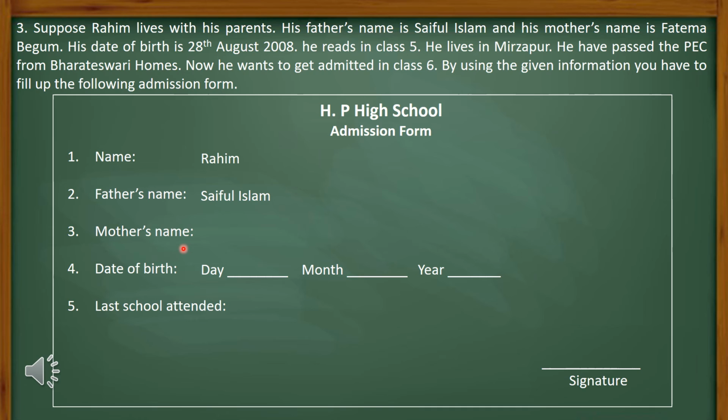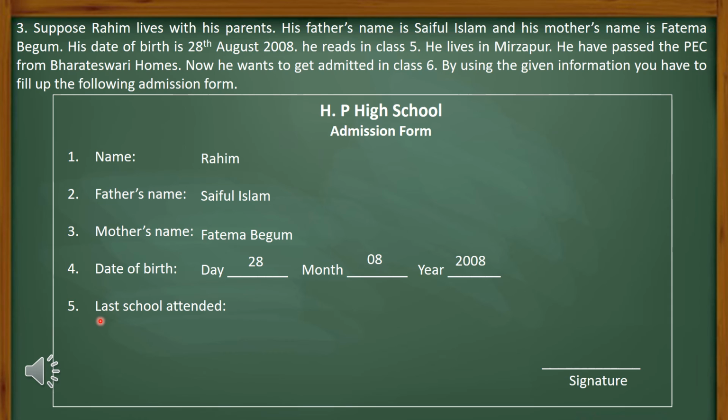Mother's name is Fatima Begum, as we can see here. Now, date of birth, 28th August 2008, that means day is 28, month is August, the 8th month of the year, and the year is 2008.